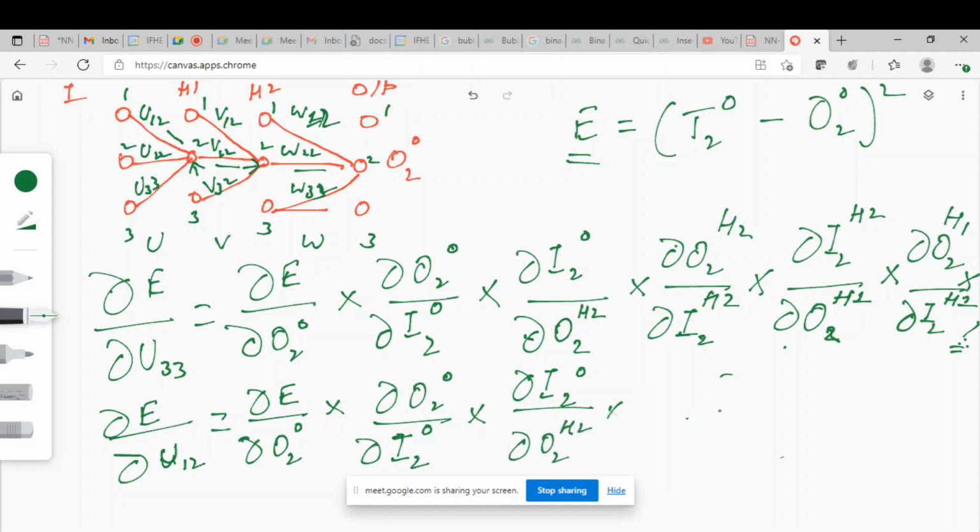Okay, so that output depends on what? Same. Every output depends on its own input, you need not think about that part. Dou I2 H2. Now this input depends on what? O2 H1.